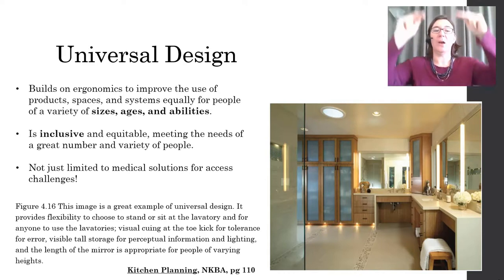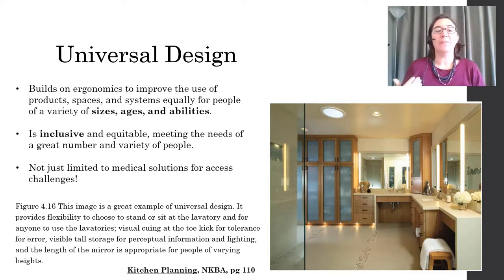And the tall storage has visible cueing. All right, you can see what's in there. And finally, the mirror. Let's see, where is the mirror? I don't see the mirror. But it is appropriate for people of different stature, different heights.